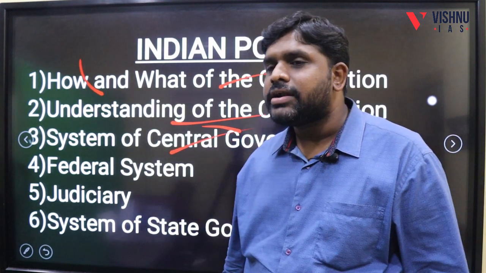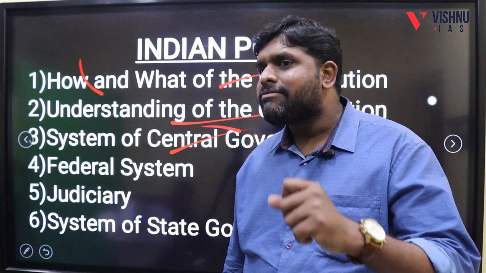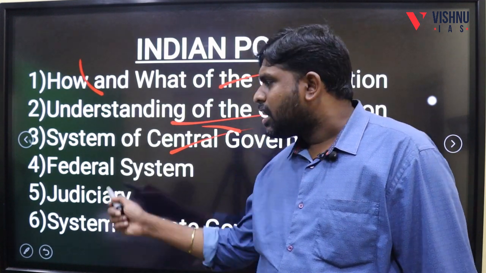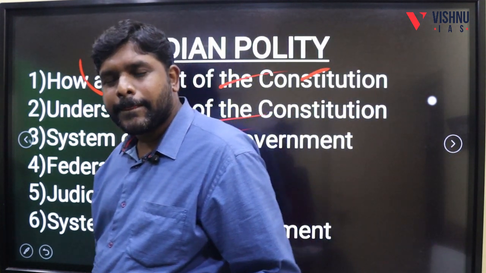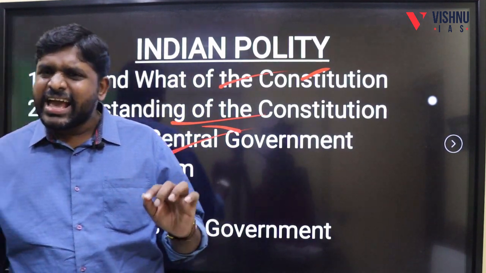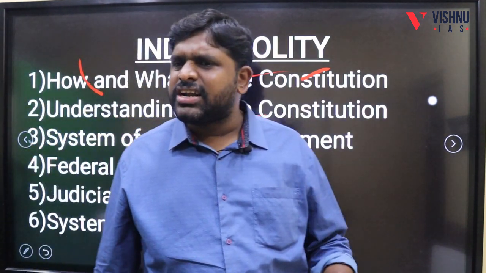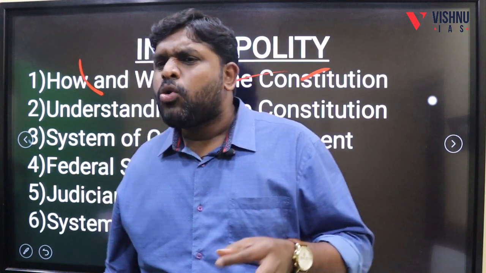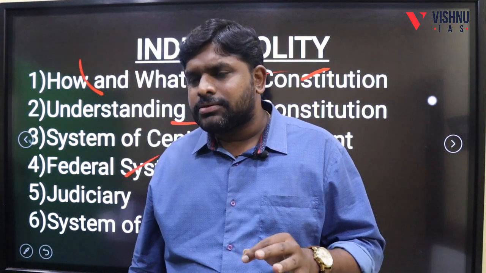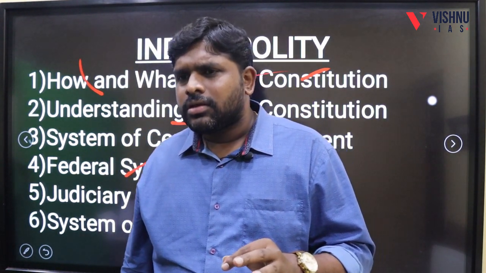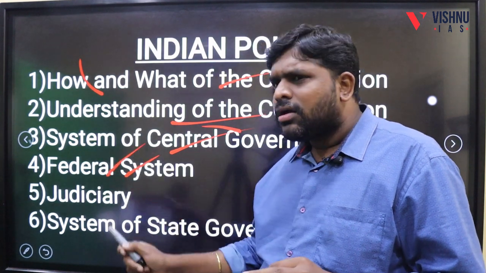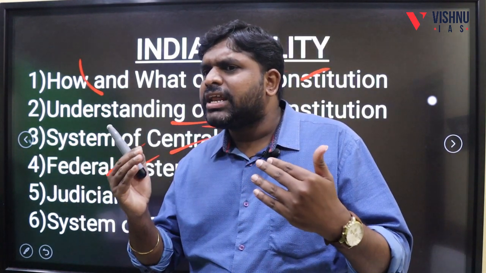System of central government. What type of central government? Federal system. Is India a union of states or a federal system? Why is India called a federal system? What is the relationship between the center and the state?